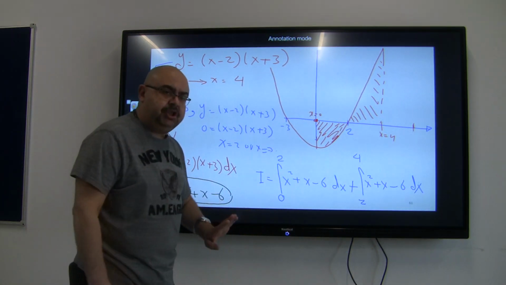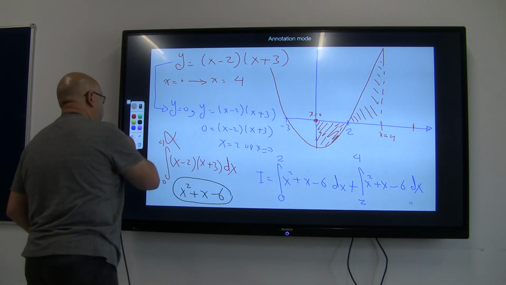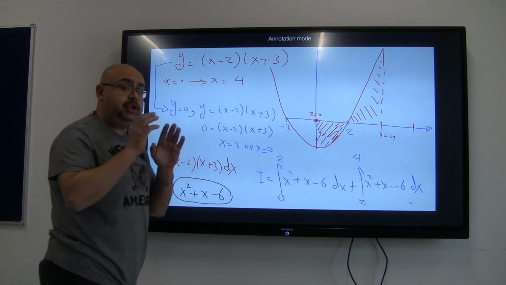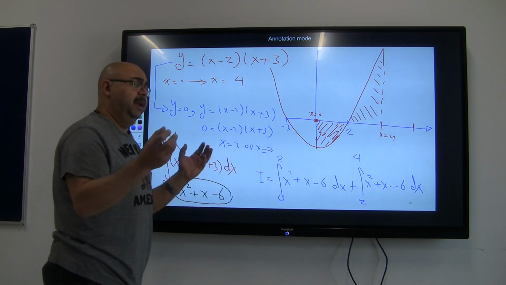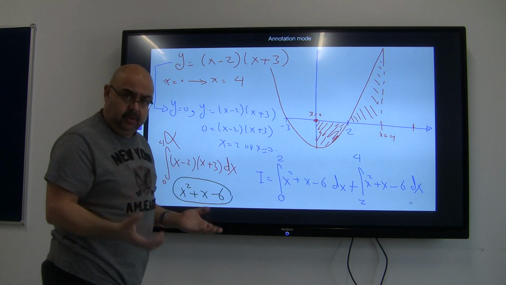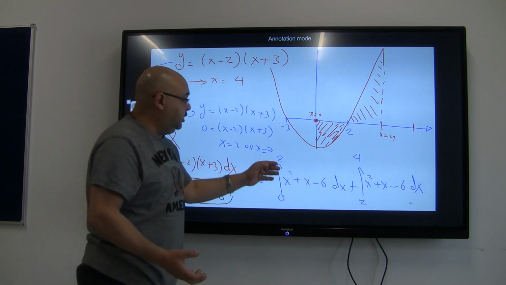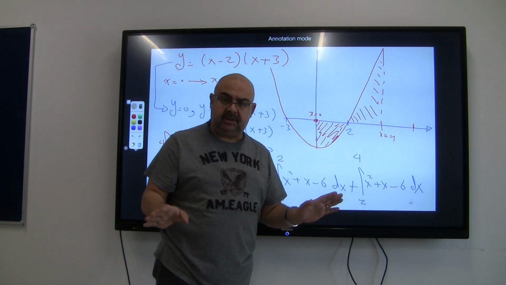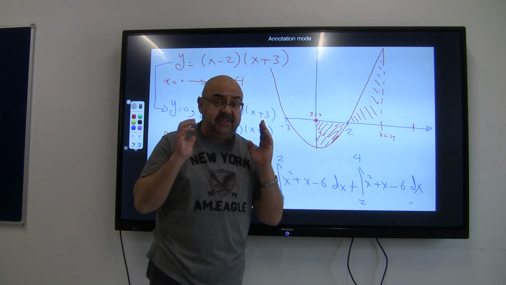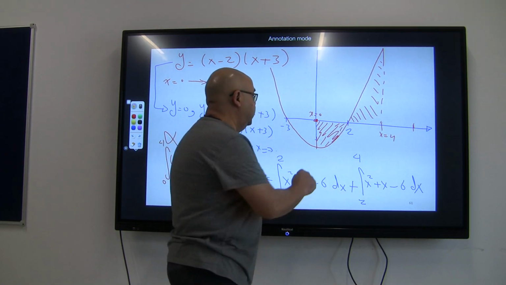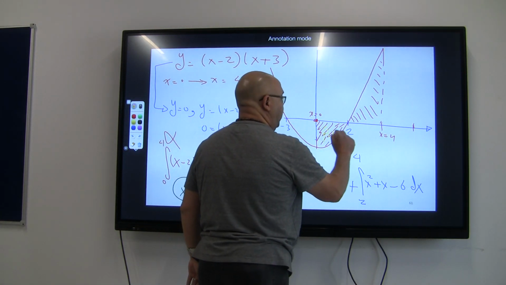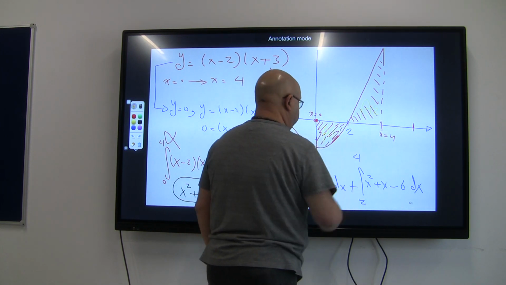The integration is very, very simple. I will integrate and evaluate each one of them separately, then add these two numbers. Remember to take these values as absolute values, without sign. This is for area number 1, and that's for area number 2.